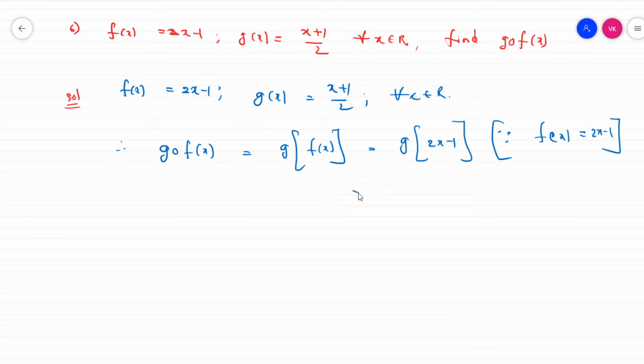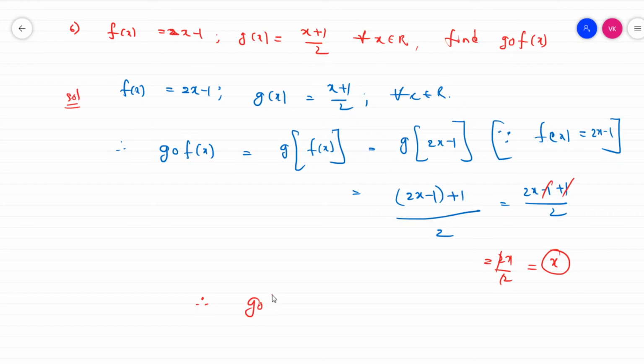Now we have to write the f function in the g. Then we can write (2x minus 1 plus 1) by 2. Finally, we can cancel minus 1 plus 1. We will get 2x by 2. We will cancel the 2. We will get x. Therefore, g circle f of x is equal to x. That's the answer. Okay, let's go for the seventh one.